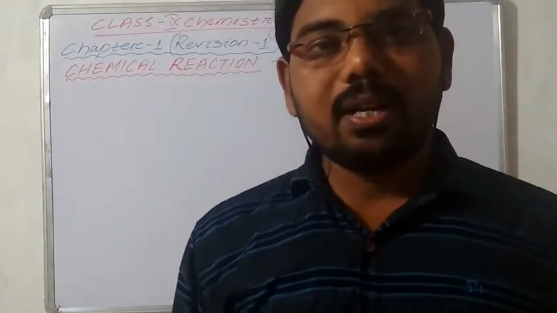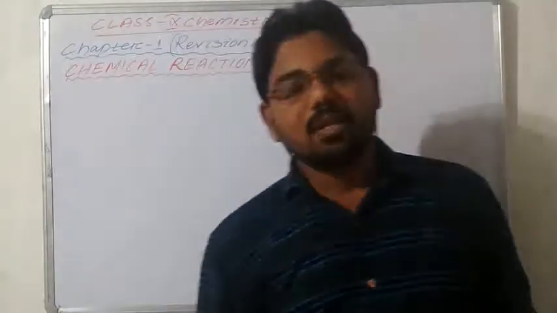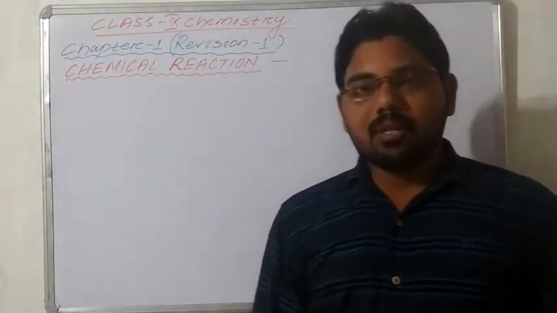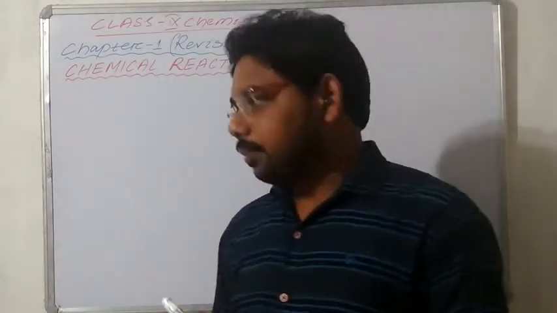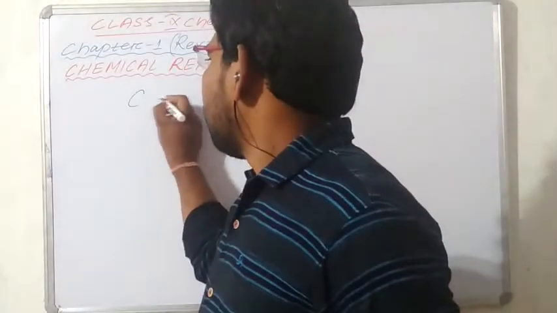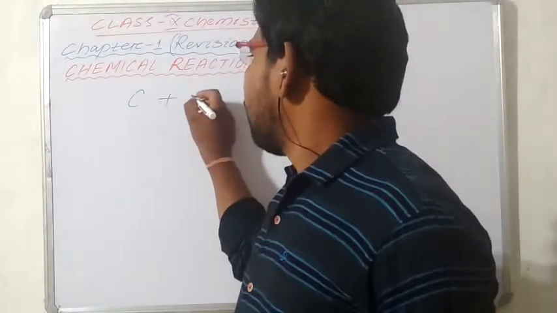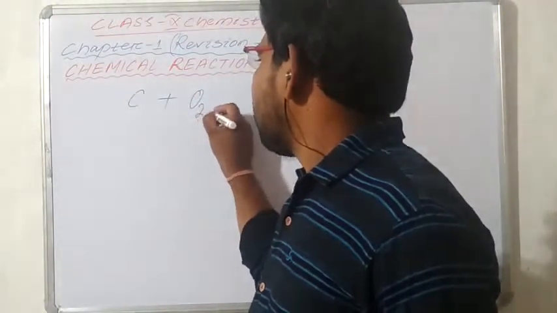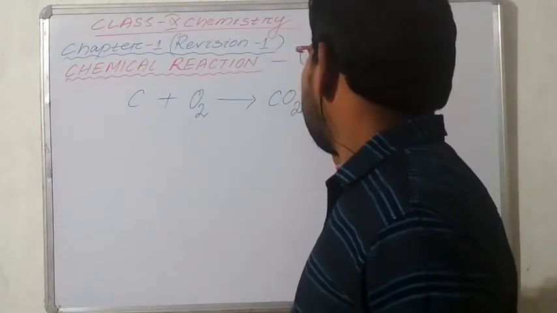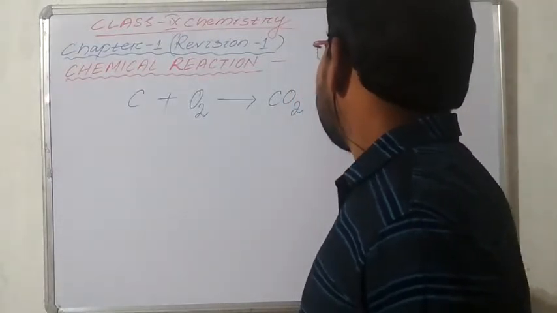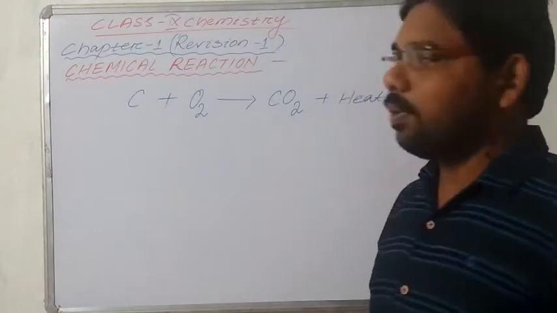For example, we take carbon, and this carbon burns in the presence of oxygen to form carbon dioxide, and some heat energy or light energy is formed.